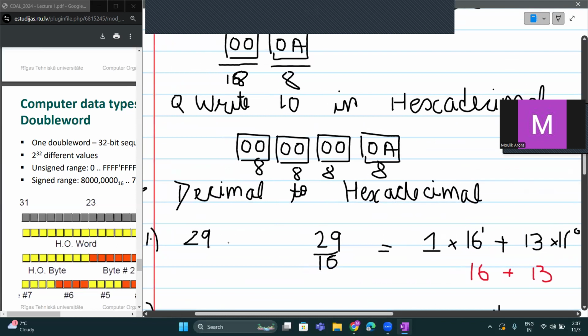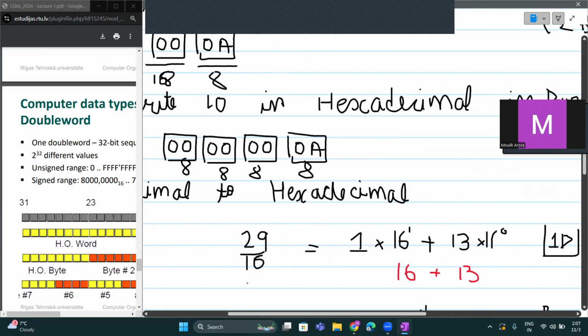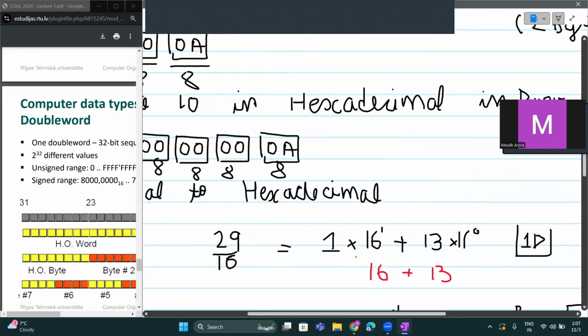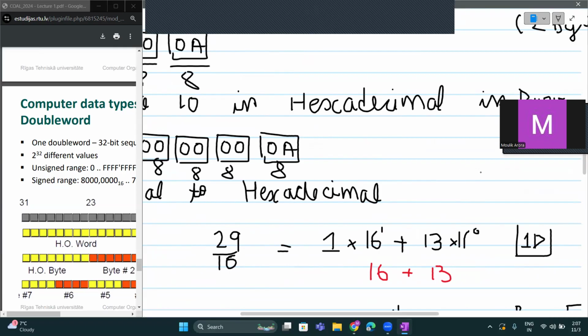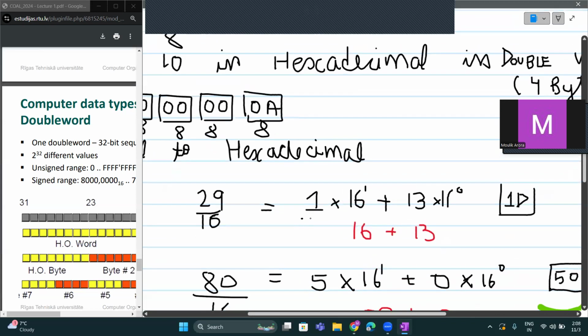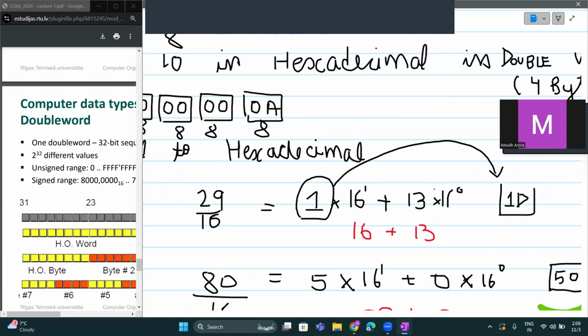For example, if we want to convert 29, which is in decimal, to hexadecimal, we divide this number by 16. 29 divided by 16 goes once, and the remainder is 13. So 16 plus 13. What we do here is we pick up this 1 and then we pick up the remainder.